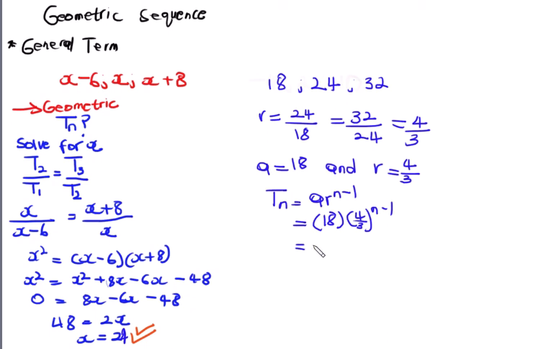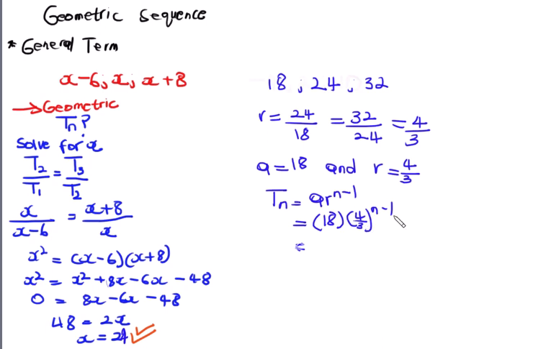I think this is as far as it can go, so we leave it here. That is the formula for Tn: Tn is equal to 18 multiplied by 4 over 3 to the power of n minus 1.